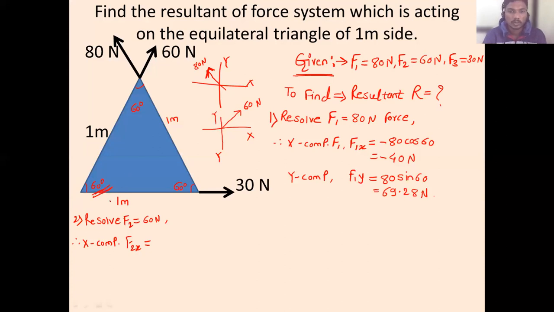With whom is this 60 degree angle made? The horizontal line means which axis? X axis. So while finding the x component, what do we have to take, cosine function or sine function? Cosine.